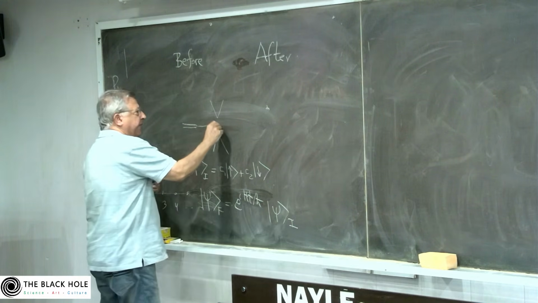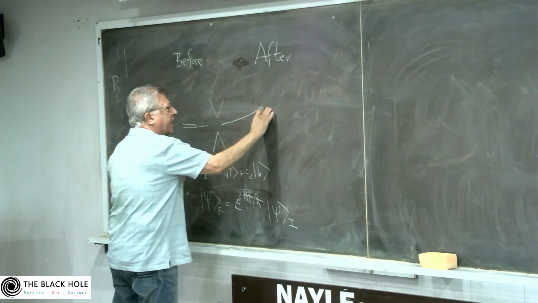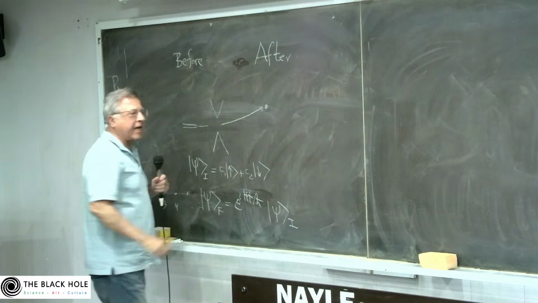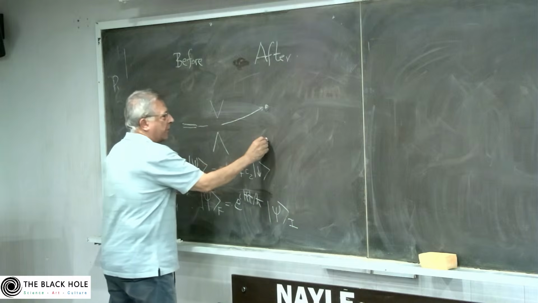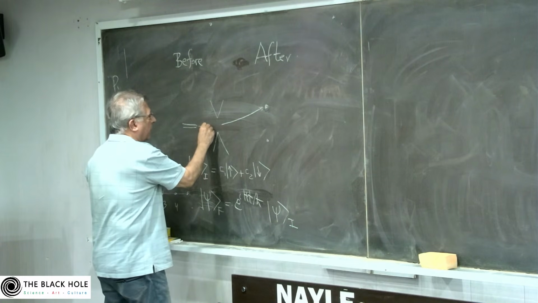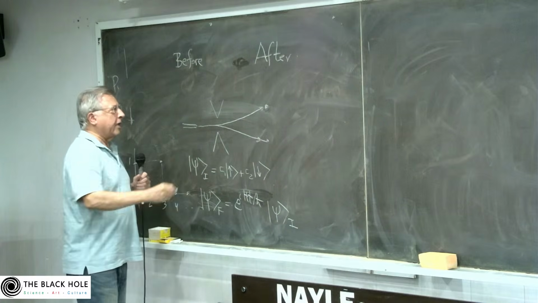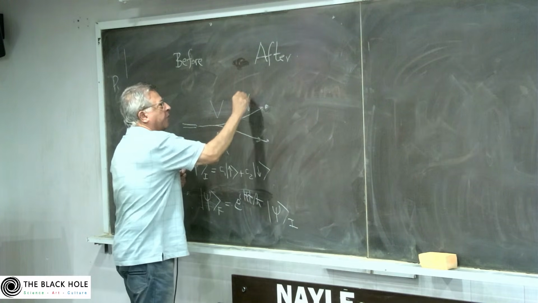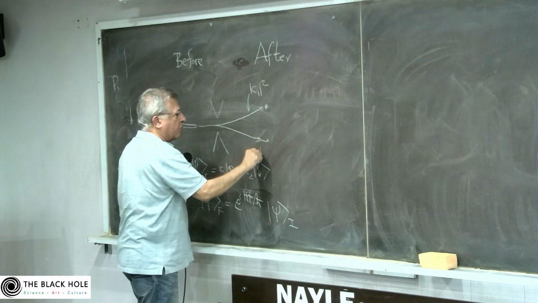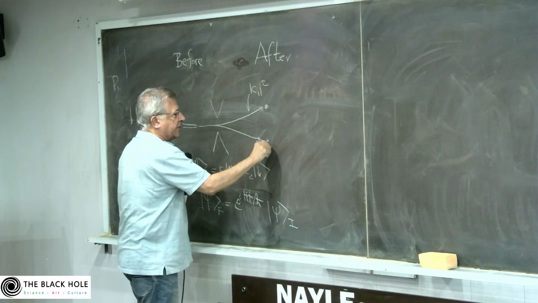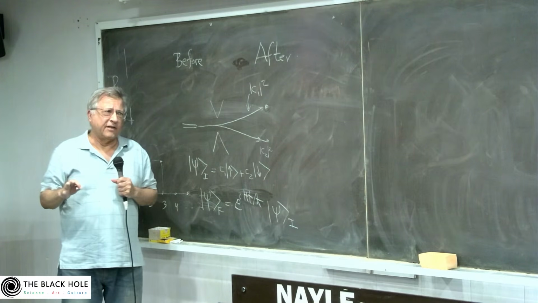Now, if you take an electron, an electron could go up, or it could go down. It'll go up with probability C1 squared, and it'll go down with probability C2 squared. And then it will be in a definite state.